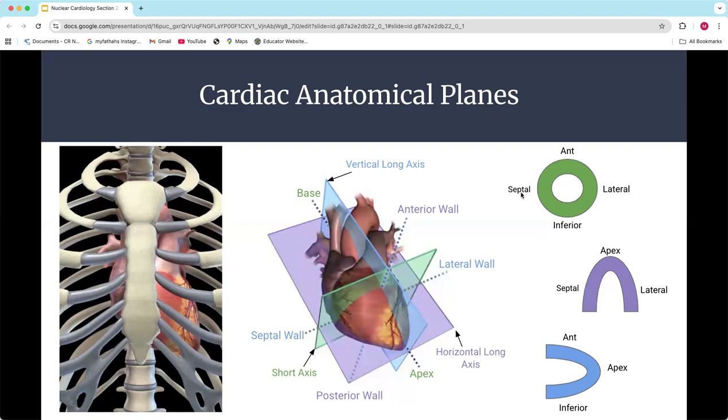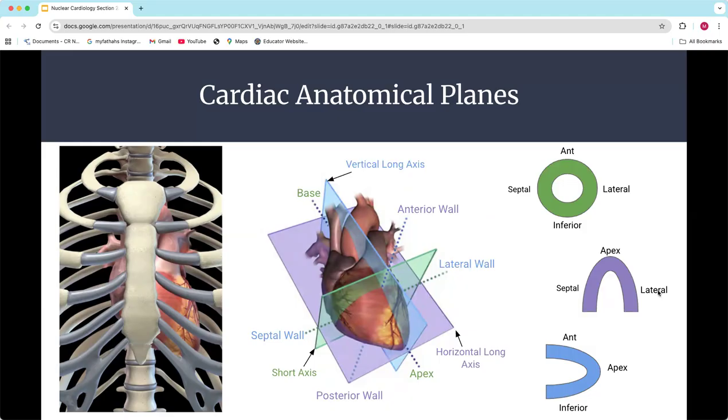Then if you look at the next one, which is the horizontal long axis, if you slice from anterior to posterior, you're going to end up looking at just the left ventricle, and it looks kind of like a horseshoe. The way they've arranged that, again, is to keep things in the correct anatomical planes, even though the heart is slightly different.